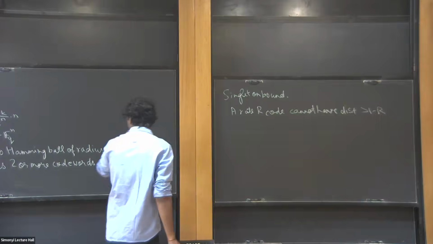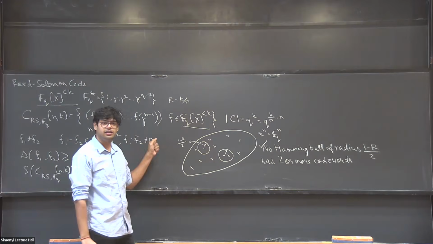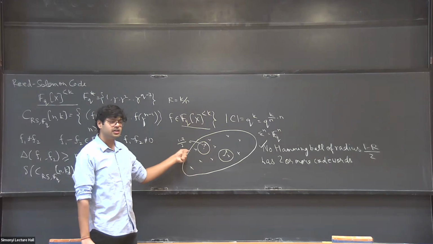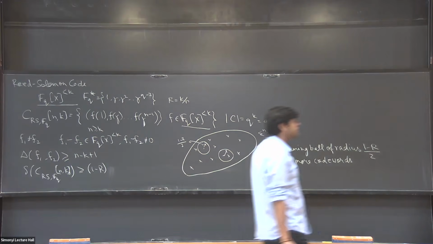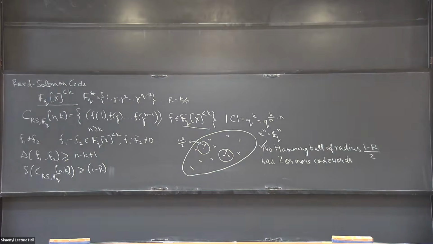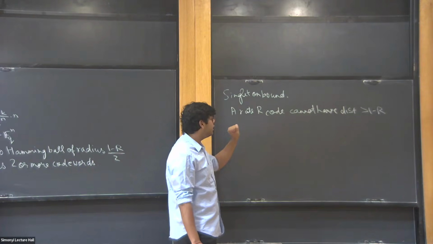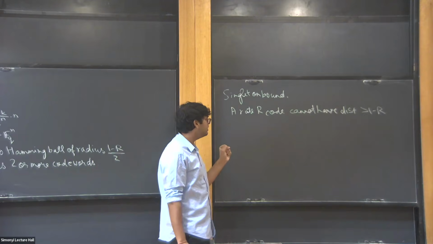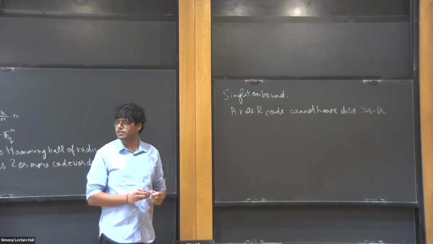If I start changing the number of code words, then I can always increase the radius. So the right thing to do is to normalize the number of code words, parameterize the set by its size, and then say what is the largest ball we can choose. Parameterizing it by size just means that we are fixing the rate to be r. For a fixed rate r code, what is the best distance we can have? The Singleton bound says that we cannot hope for distance more than 1 minus r.